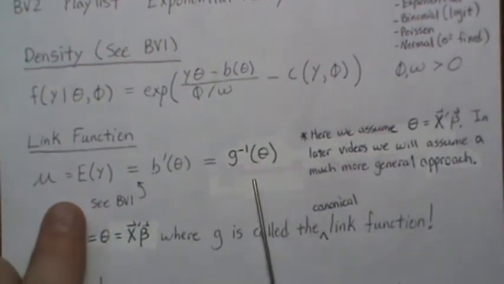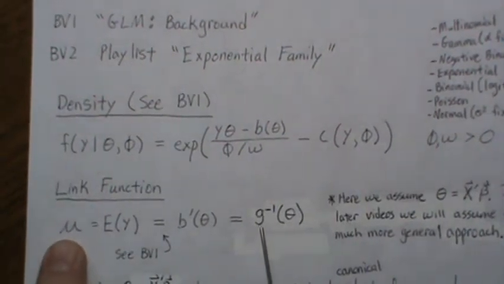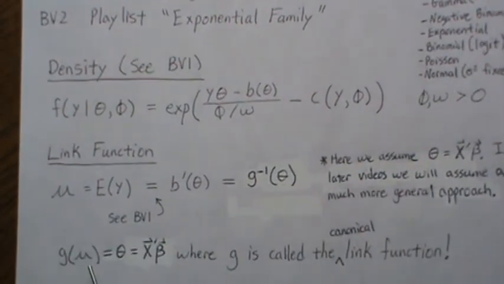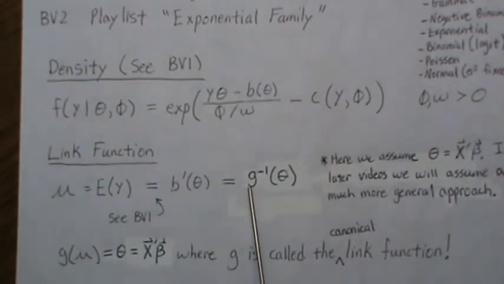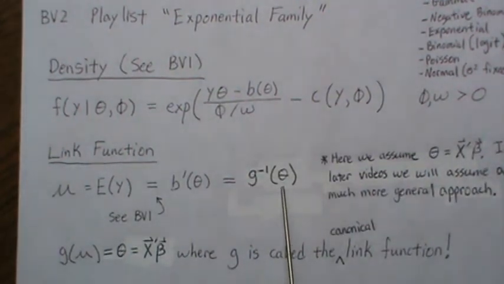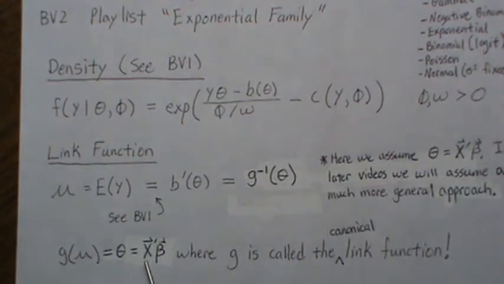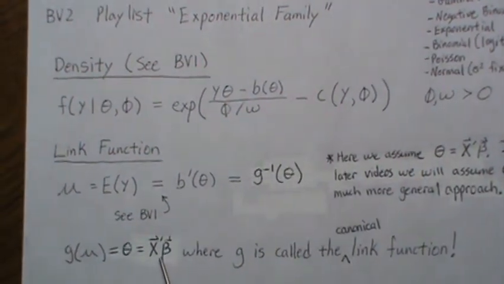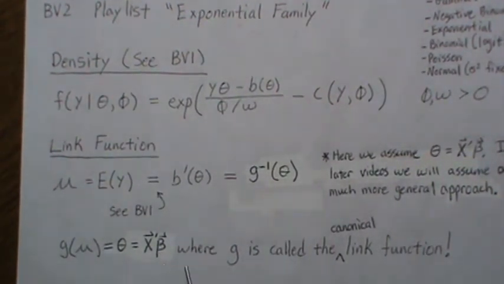Then how do we solve for theta right here? Well, if we apply g to both sides, then we get this. So g of mu, and g of g inverse, we get the theta back, okay? This is our canonical parameter, and we're assuming that that canonical parameter is a linear combination of x's and betas, okay?